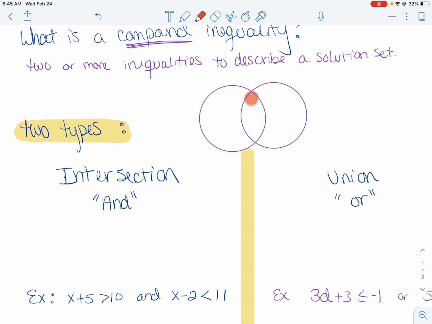Just like in here, the intersection where those two pieces are overlapping. So that creates an "and" type inequality, or an intersection, where we want a number greater than this, and that same number also has to be less than something else. Okay, so it's sandwiched between two values.